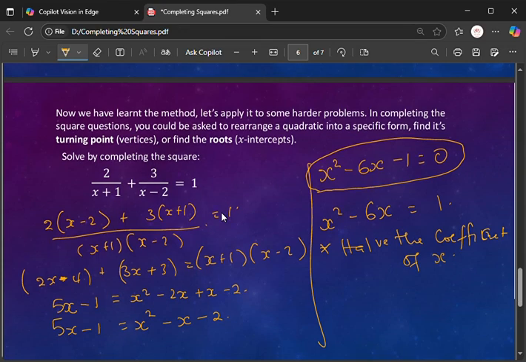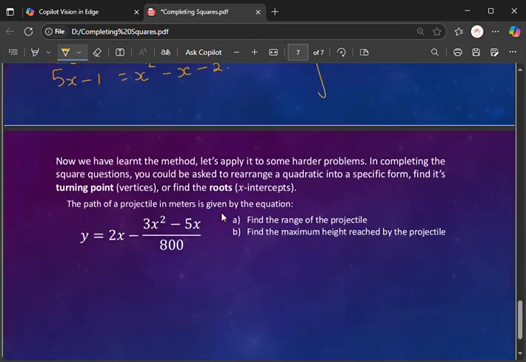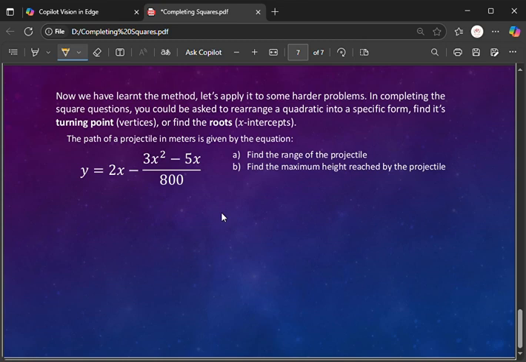And then we have another challenge. You see that? This is also another one. They just want us to find the range. Well, those of you who don't know what range is, we can say range could be the value of x, where the projectile is something like this.